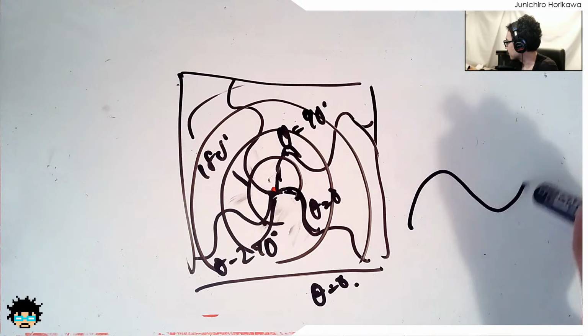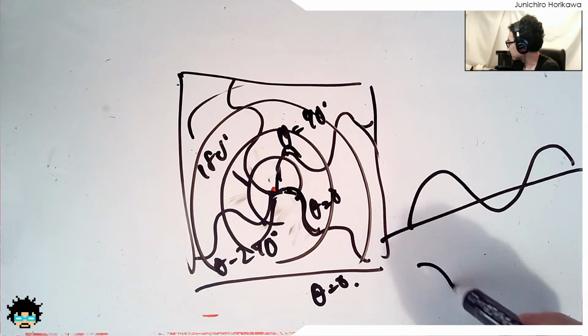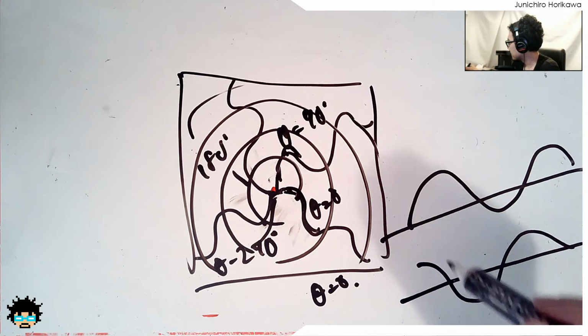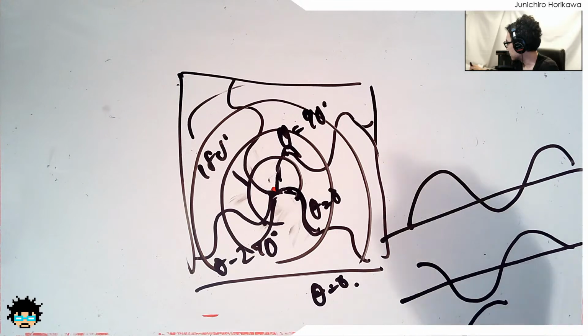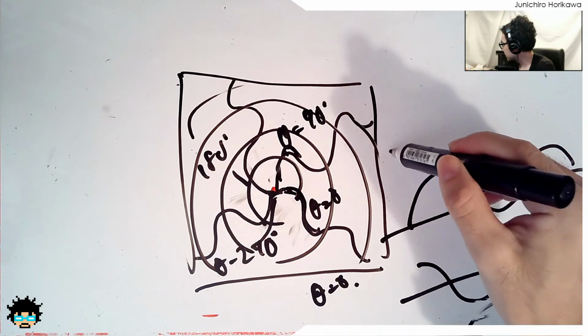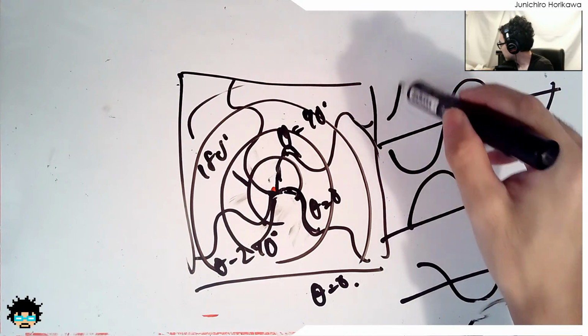So the first wave should be like this, the second wave should be like this, the third wave should be like this, and the fourth wave should be something like this.